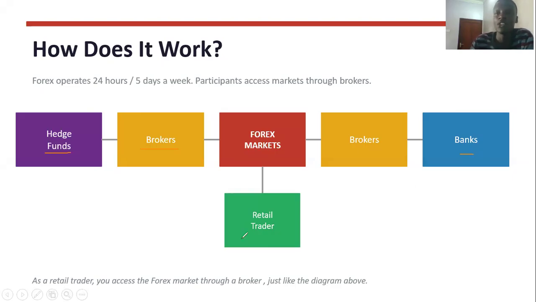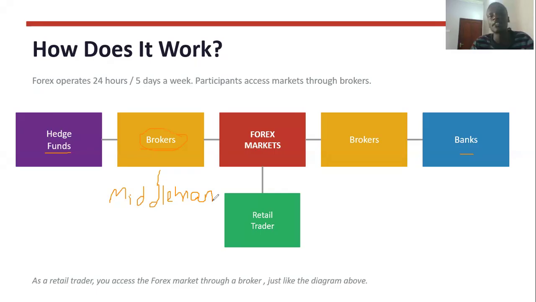So you as an individual, how do you participate in the buying and selling of currency pairs? You connect to the various brokers. The broker acts as a middleman between you and the market.